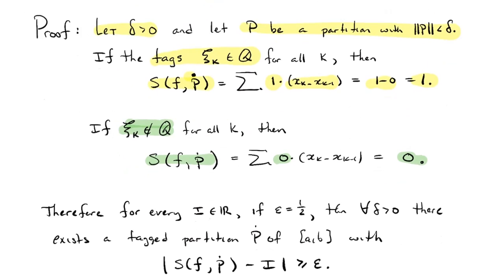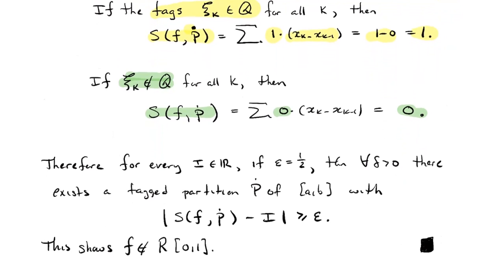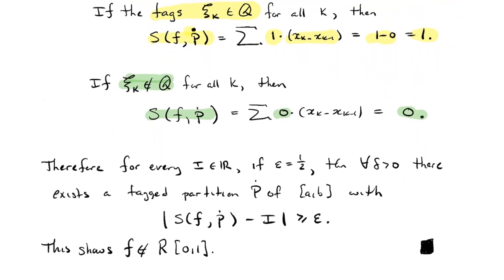All right. Well, that means if I took, say, a number epsilon to be less than the distance between 1 and 0, I'm going to be kind of specific here and choose the number epsilon to be 1/2. So if I take epsilon to be 1/2, then no matter how I choose delta, I can find a tagged partition of that interval whose Riemann sum will differ from any number by more than epsilon, by more than 1/2.